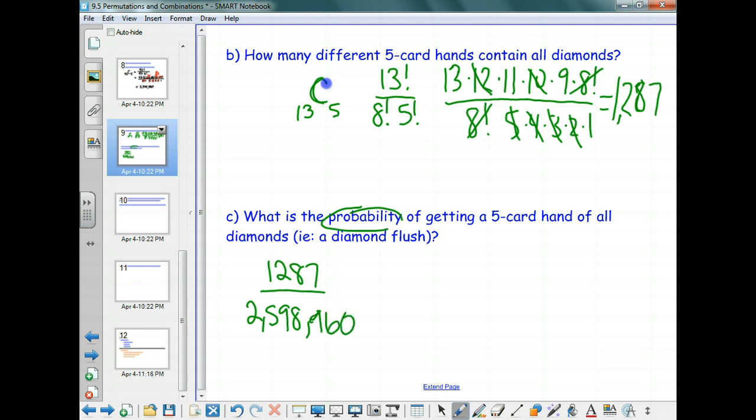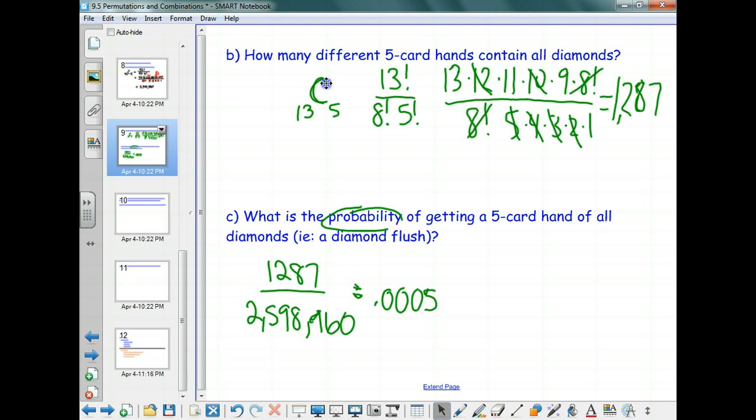Okay, so you can either reduce it in fraction form or you can turn it into decimals. I don't care. If you choose to change it into decimals, let's go with 4 decimal places. 0.0005.